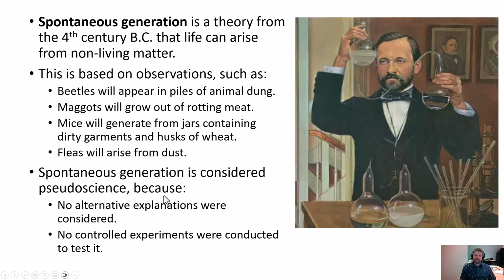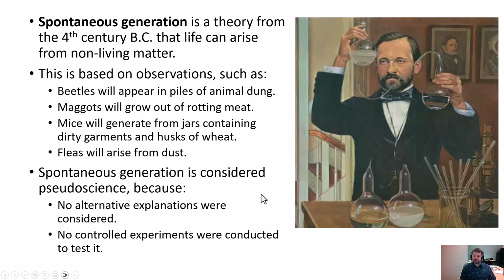So a lot of times pseudoscience, maybe explanations, will start out as an explanation for some natural phenomenon. The explanation is not scientific, and what happens is scientists get a hold of that explanation and they don't accept it because it hasn't gone through the scientific method. So then they'll go through the scientific method and come up with the actual explanation.